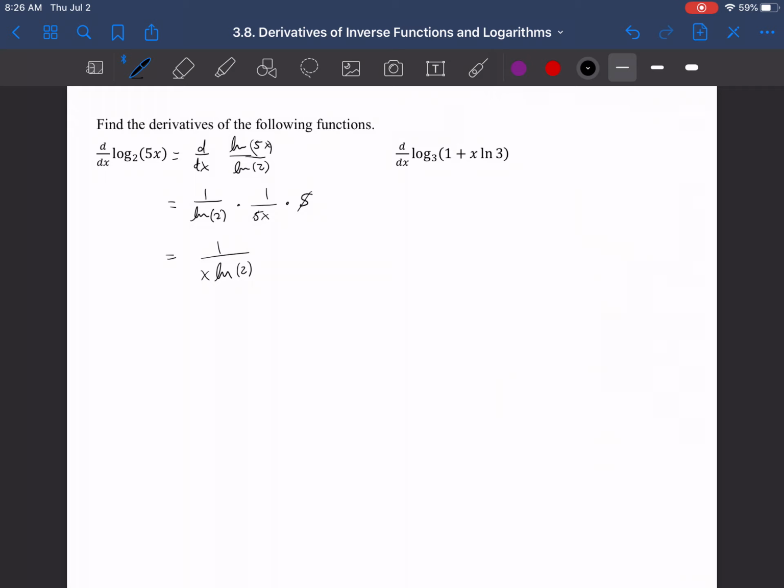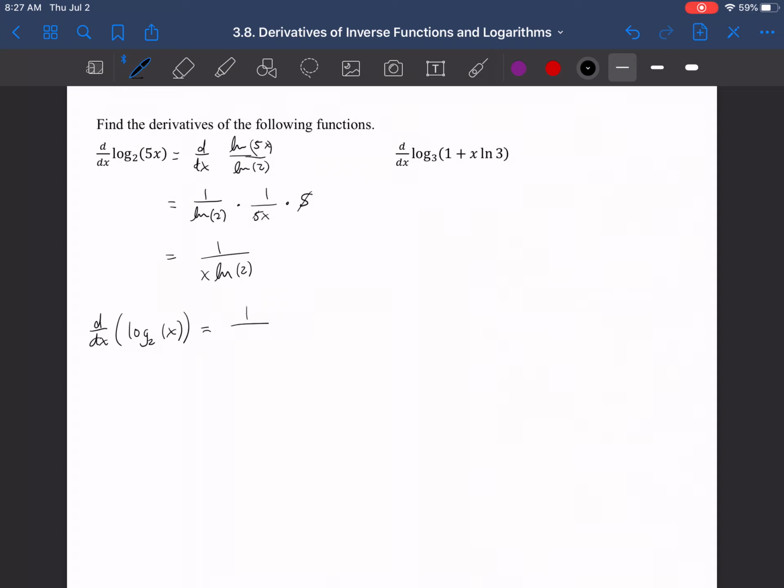I want you to also note that on the previous page, if we did the derivative of the log base 2 of x, what do you get? You get 1 over x times the natural log of 2.